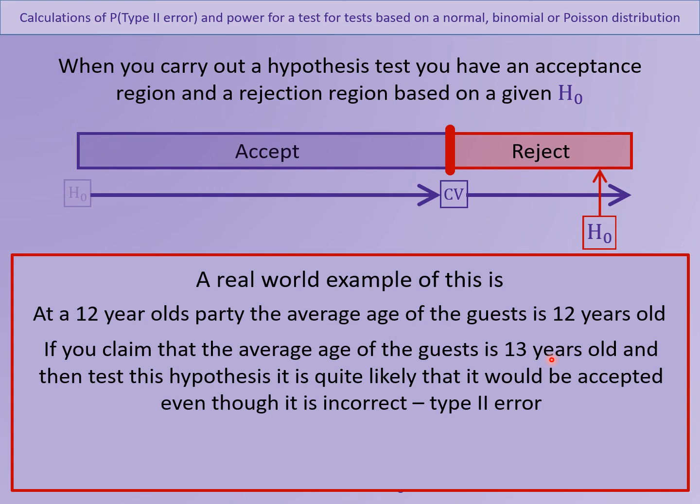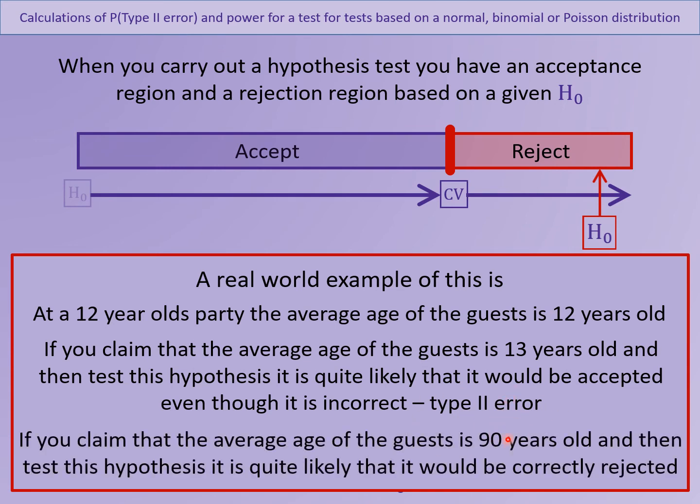Okay, but you'd be wrong. It's a 12-year-old party, the average age is 12 years, so your 13 is wrong. You've accepted that 13 was correct, but in fact it was incorrect. You made a type 2 error. And because 13 was very close to the original 12, it's very easy to make a type 2 error.